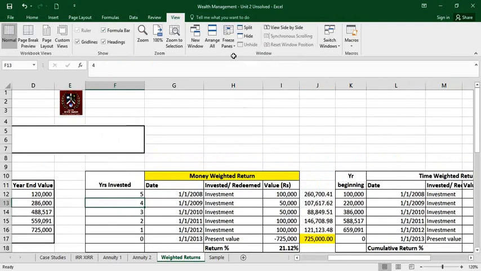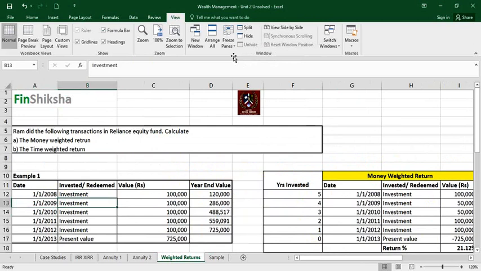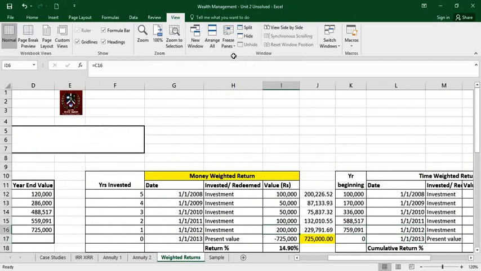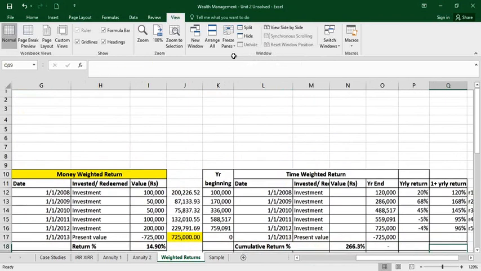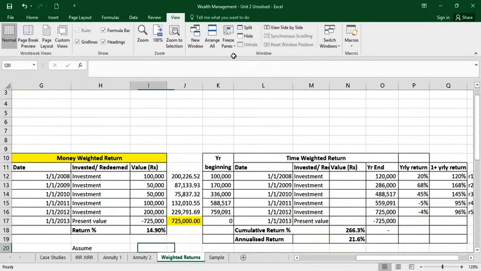Let's unfreeze that, go to C13 and change it here, and let's say we increase this value here, so we do 2 lakh here, right? So effectively that becomes 2 lakh. Note that your IRR basically increases to 14.9%, right?